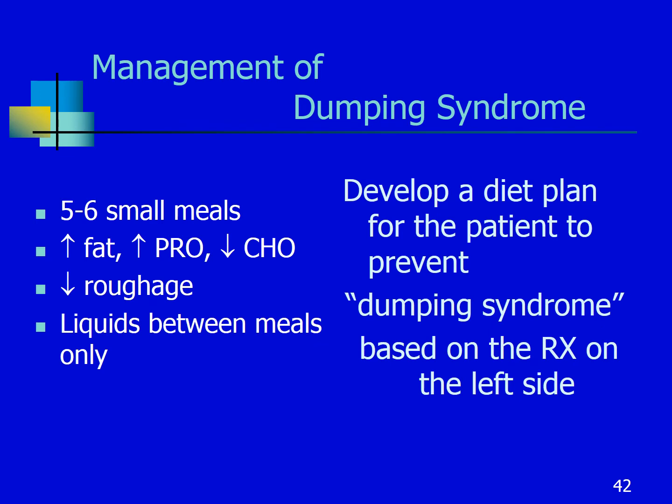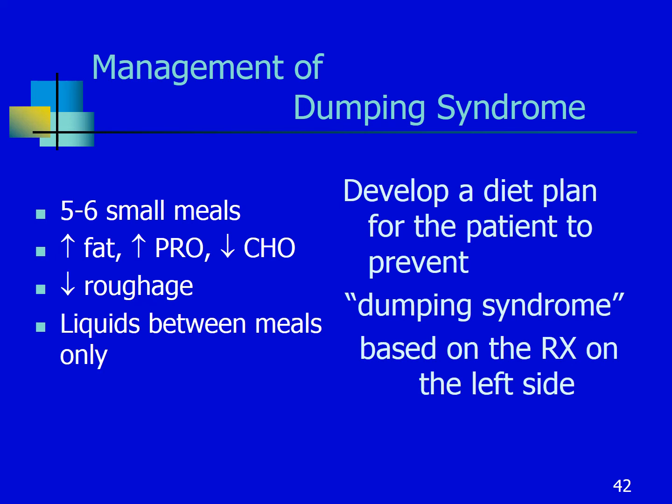All right, and so what are the signs? How do you manage it? How do you manage dumping syndrome? Well, because we don't want things to move fast, small meals, 5 to 6 meals, right? Increase the fat, increase the protein, but let's slow down the carbs.